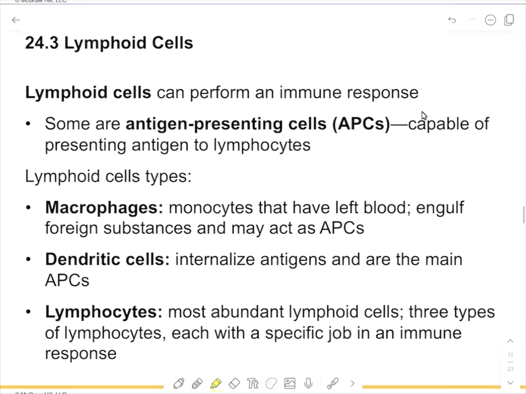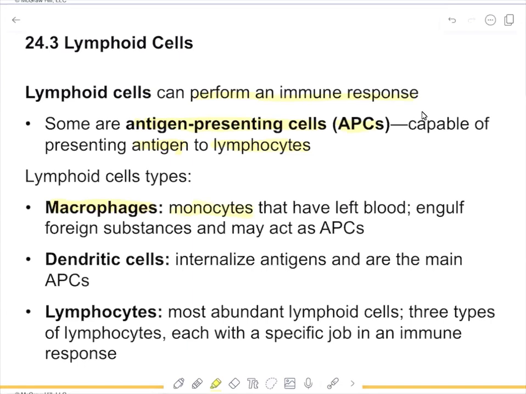Lymphoid cells are going to be cells that are very particular to perform an immune response. Some of those cells are called antigen-presenting cells, abbreviated as APC, and their job is to present that antigen to the lymphocyte. The lymphoid cell types include macrophages, which are derived from monocytes.